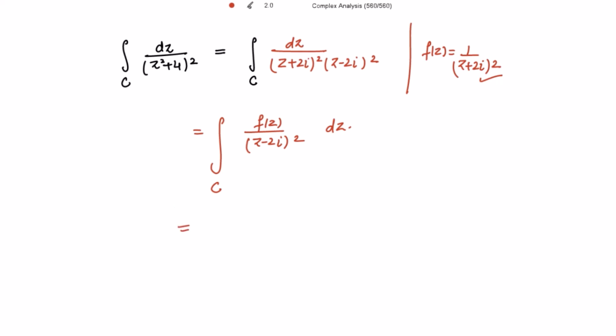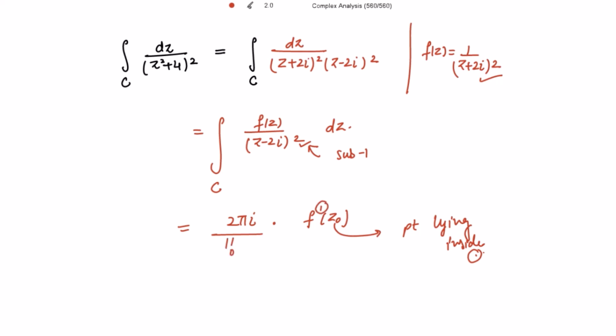Now by Cauchy's integral formula, this is equal to 2 pi iota into, I'm having 2 over here, subtract 1, we get 1. So write here first derivative. Whatever number you are getting here by subtracting 1, take the derivative accordingly, but at z0. z0 is the point lying inside the circle. Divided by whatever be the derivative, write the factorial for that.